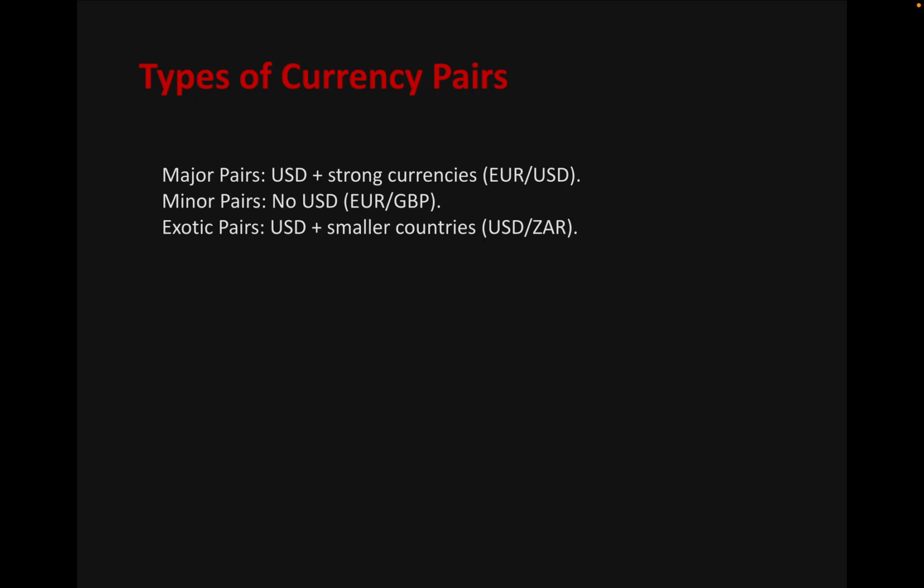The minor pairs are anything that is not really USD, like New Zealand, Swiss franc, Japanese yen. And the exotic pairs are the USD plus smaller countries' currencies like ZAR, Mexico, Jamaica. Those little ones.